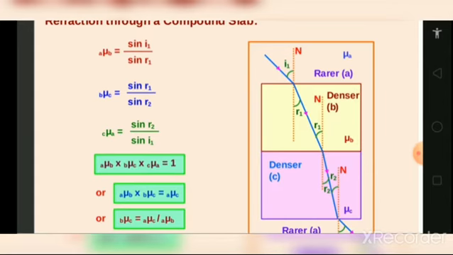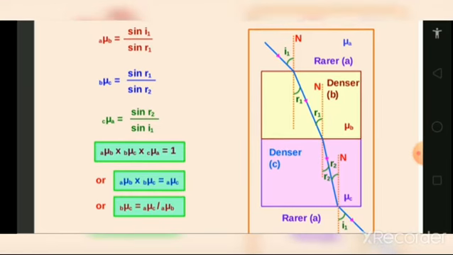Here the role is of the depth, that is, the real depth of the object and the virtual depth will be different with respect to the observer.